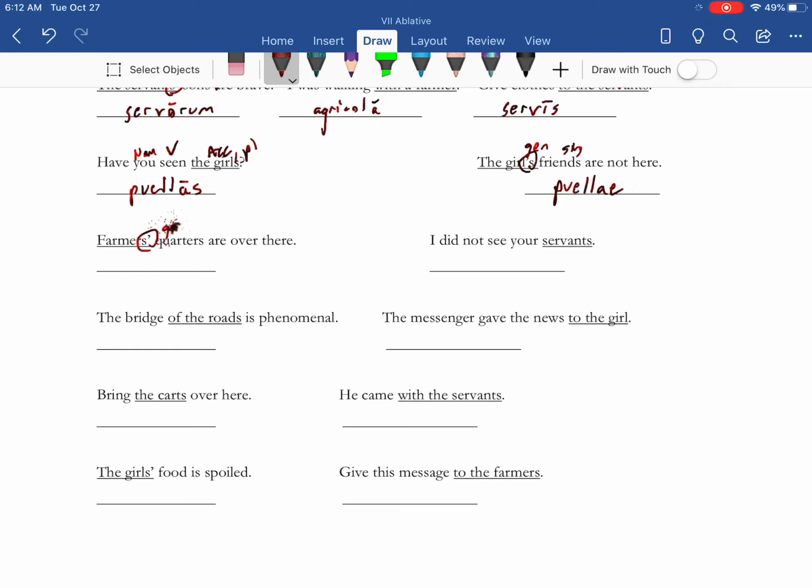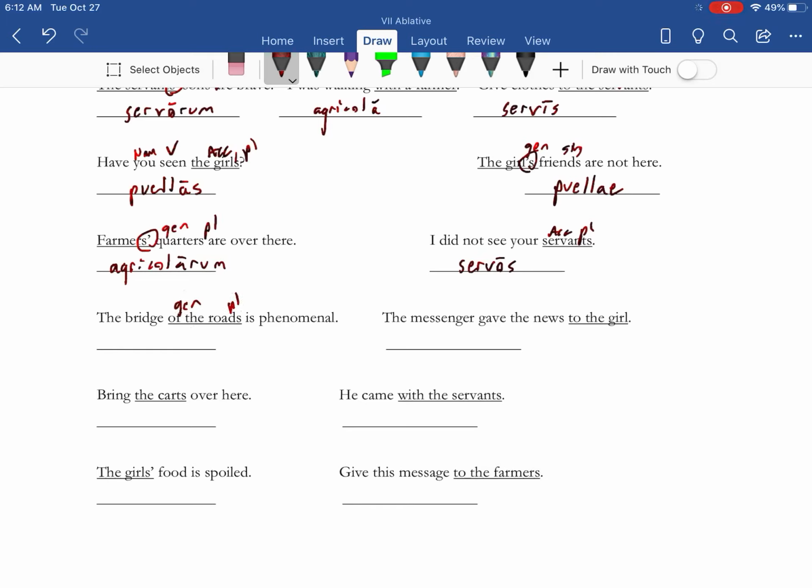Farmers, this is going to be genitive and plural. So the A becomes an ARUM. Accusative plural. US will become an OS. Of the roads, of is genitive, and that's plural.